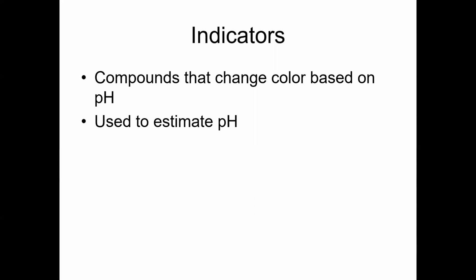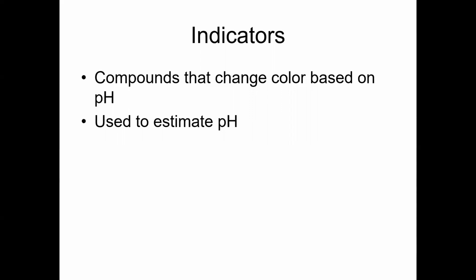In the lab that we would have done, you'd get to explore those different indicators and see which ones are the most accurate. What you find is that some of the indicators are specific for acids, some are specific for bases. So they give you a particular color that you can tell exactly is that acid's pH or that base's pH.